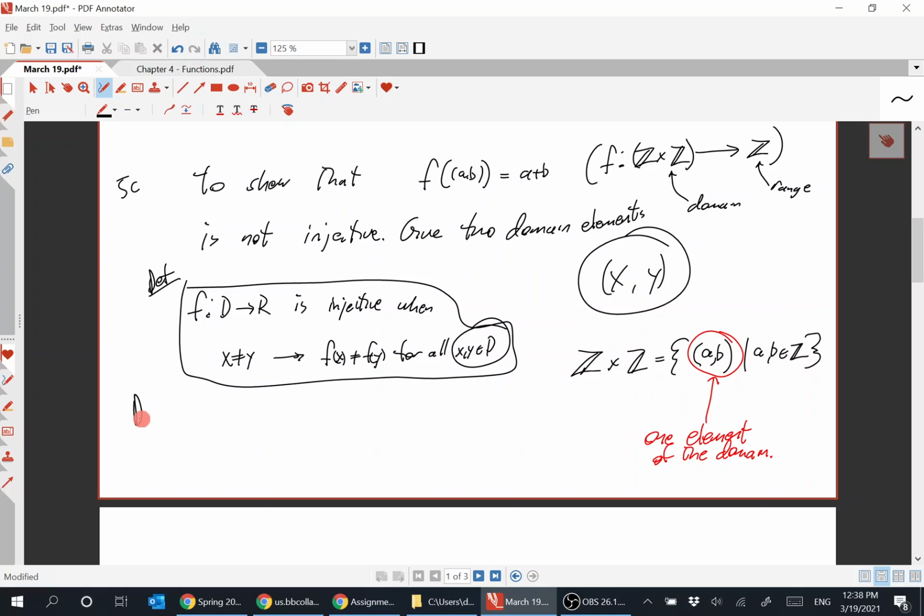What is the definition? So for f from domain Z cross Z to Z, f is injective when two elements of the domain... Give me two elements of the domain.